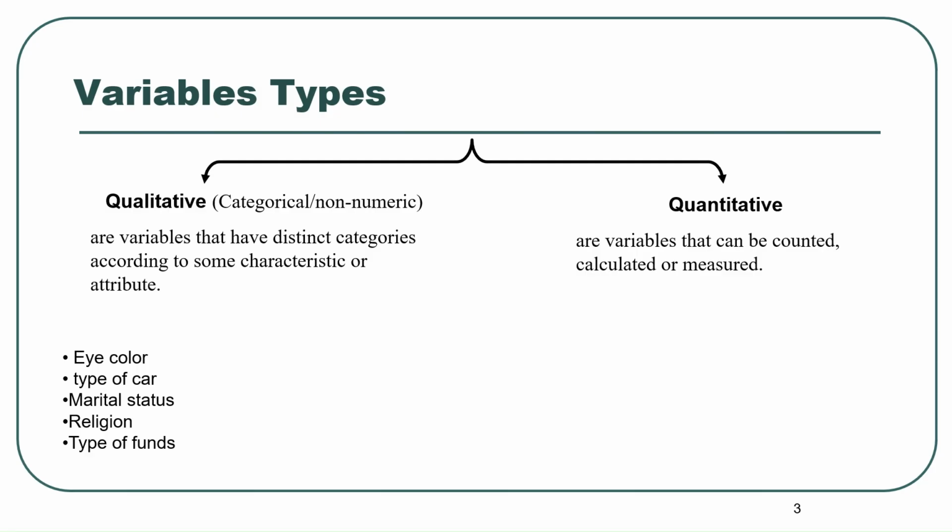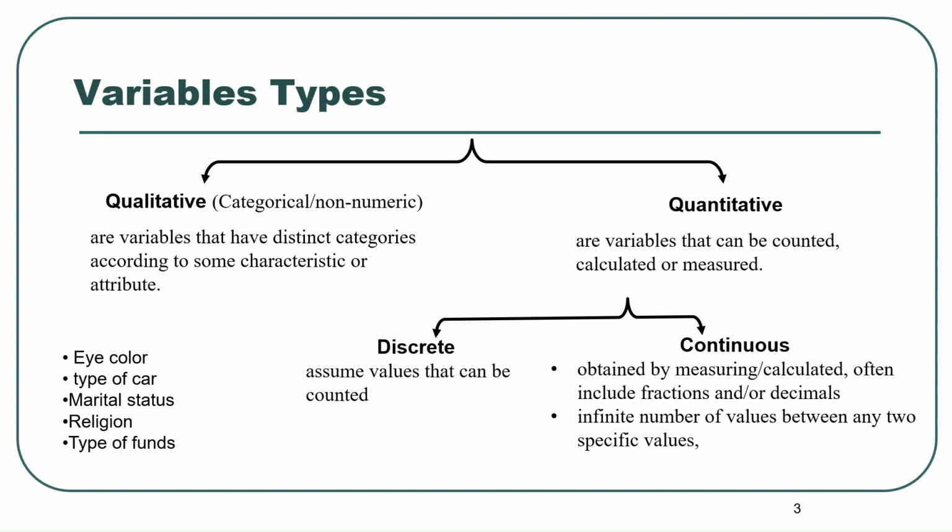And because of that quantitative variables are divided further into 2 other types. The discrete, which is that variable that is defined upon counting, like number of cars, number of siblings in my family or in the household in general, any household, and also number of accidents. All of these variables are discrete just because the value itself is nothing but a count.